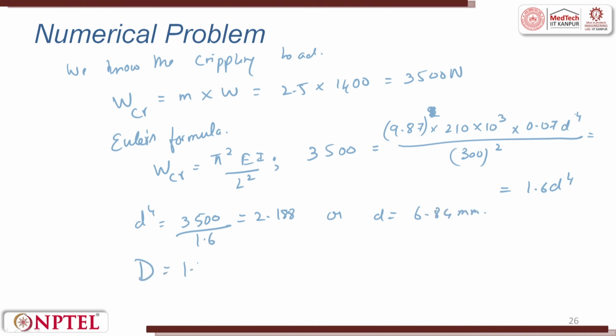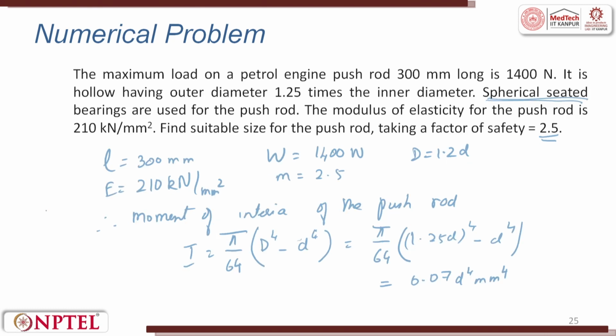D is nothing but 1.25 times d, which is 1.25 into 6.84, which is 8.55 is the answer. So, when you look into the problem, we were asked to find the suitable size of the push rod taking into factor 2.5.